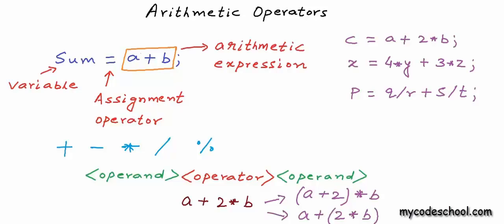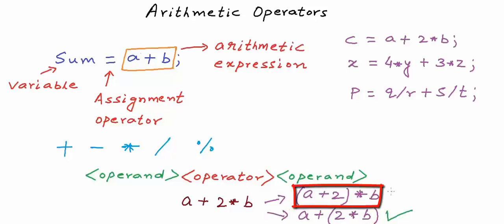If you remember your high school mathematics, then the precedence or priority of multiplication and division is higher than that of addition and subtraction, and so in this expression multiplication will be performed first. So this is the correct interpretation and this is incorrect.